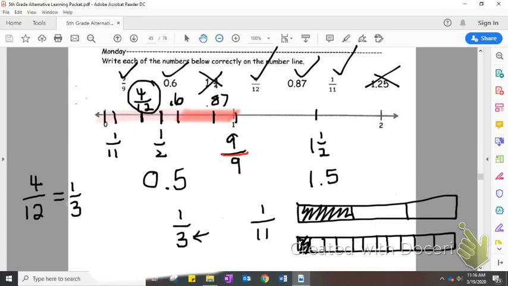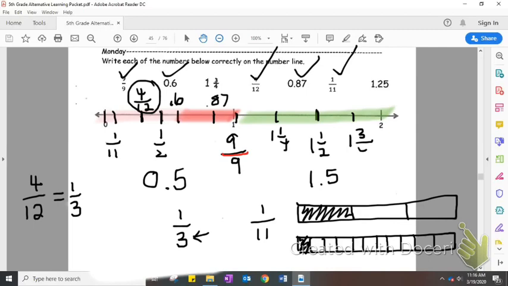Don't forget, we still have to come up here and place 1 3/4 and 1 25 hundredths. Okay, so 1 3/4. I can divide this space here into fourths. 1/4, 1 1/4, 1 2/4, 1 3/4.